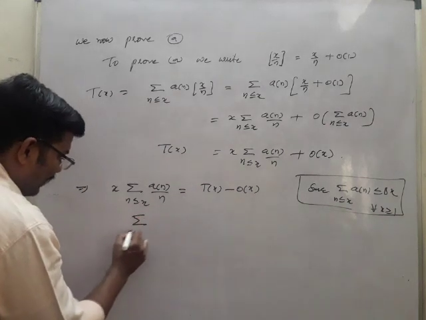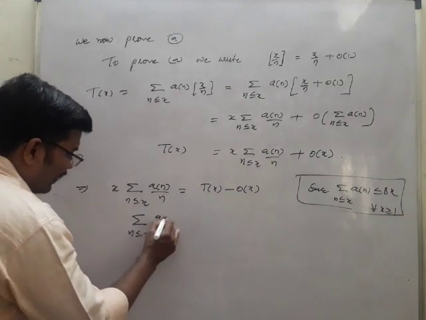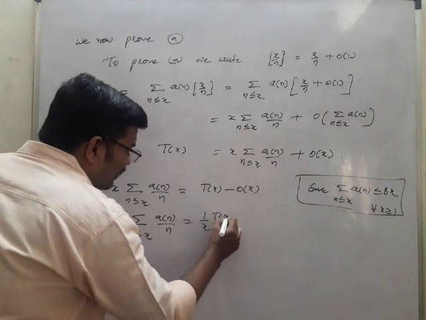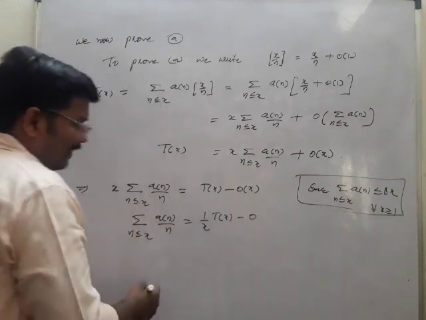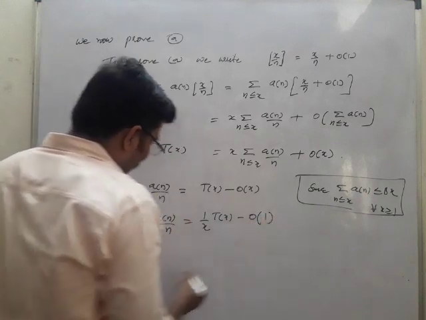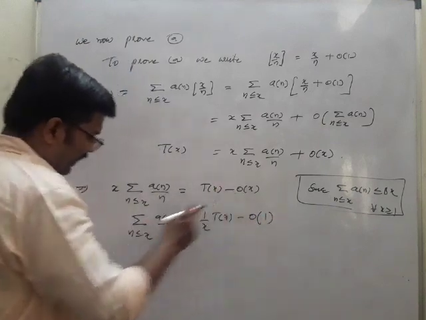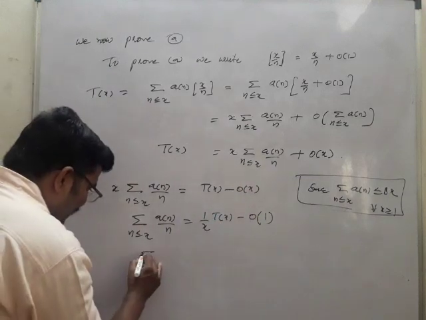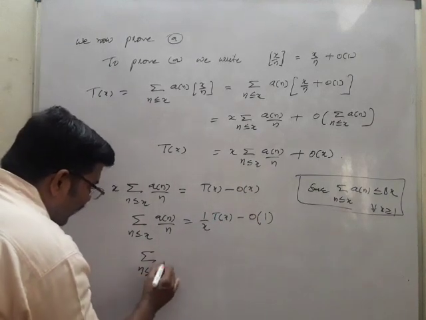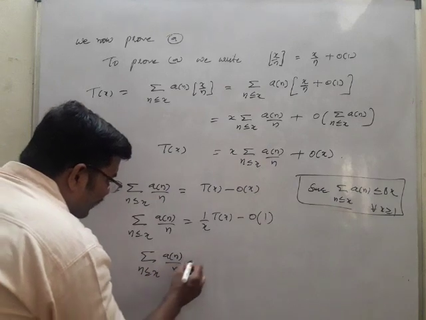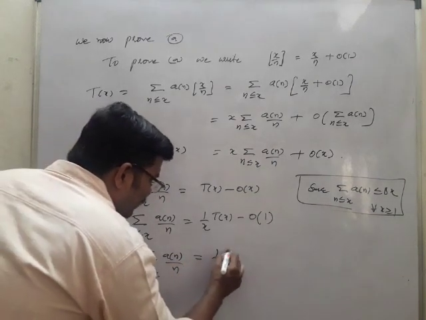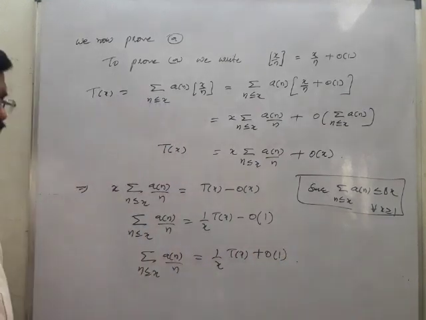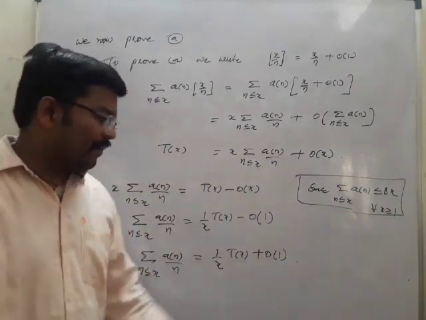That is summation n less than or equal to x, a of n by n is 1 by x, T of x, plus big O of 1, because if you take 1 by x multiplied with big O of x, that becomes big O of 1.